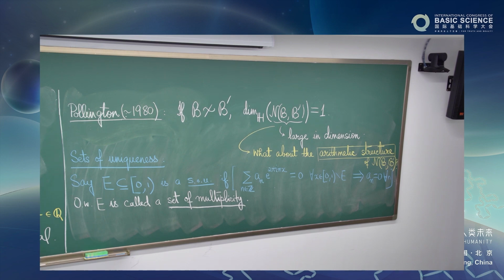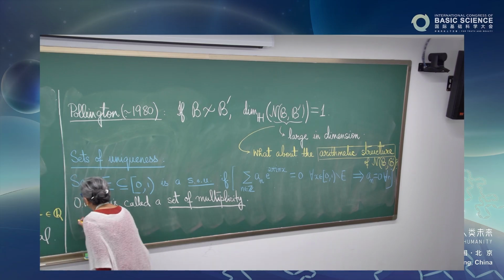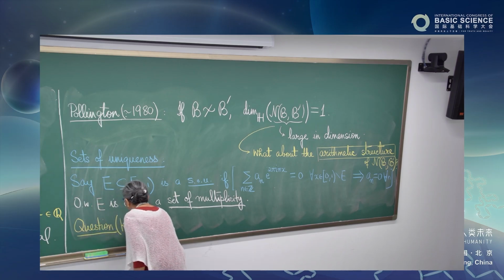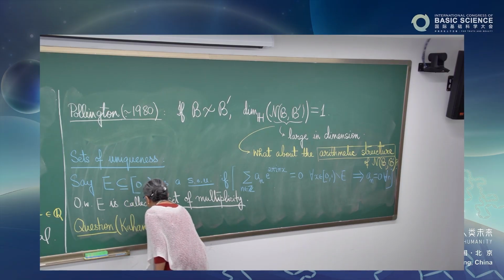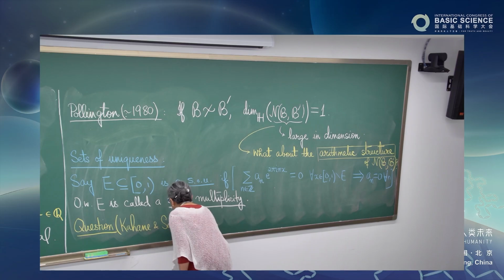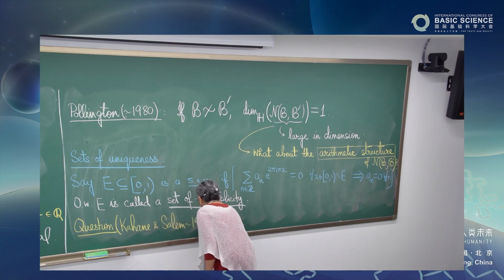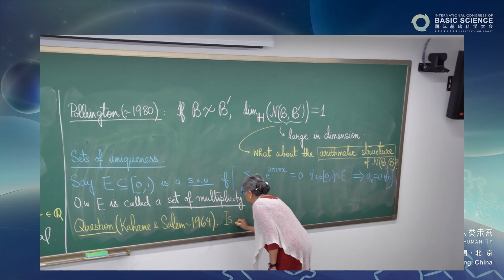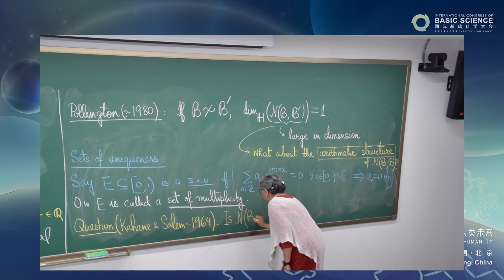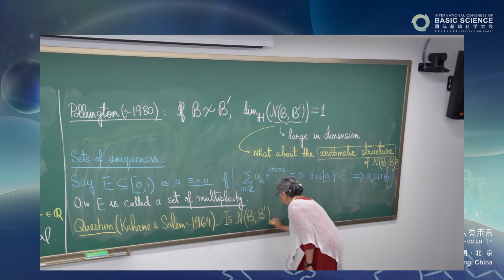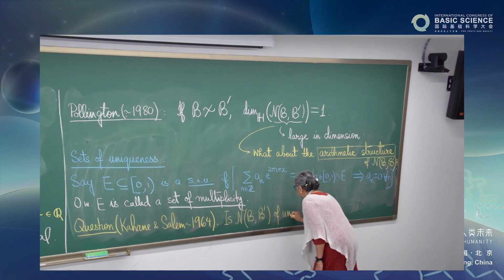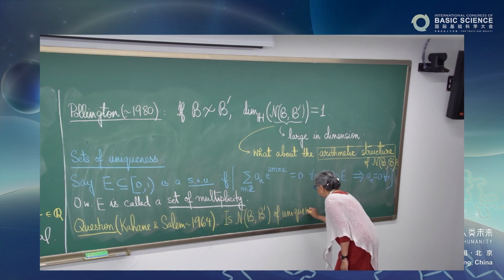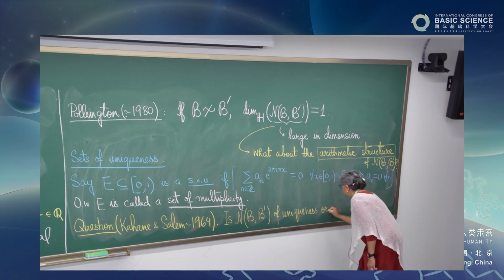And an old question of Kahane and Salem, around 1964, asks: is B B prime of uniqueness or of multiplicity?